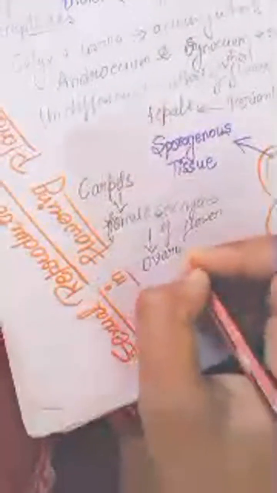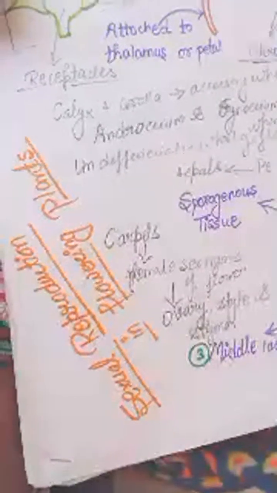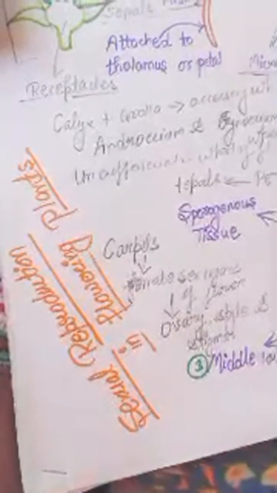Carpels are divided into three parts: ovary, style, and stigma. The ovule or megasporangium develops within the ovary, attached to the placenta. I will talk about this next.